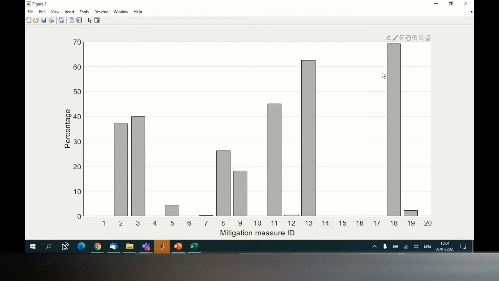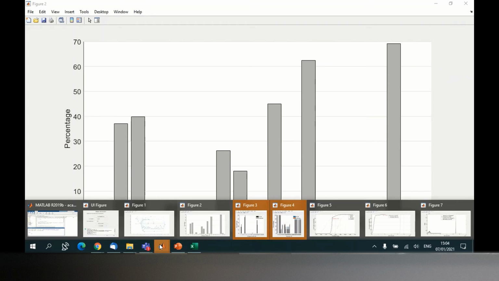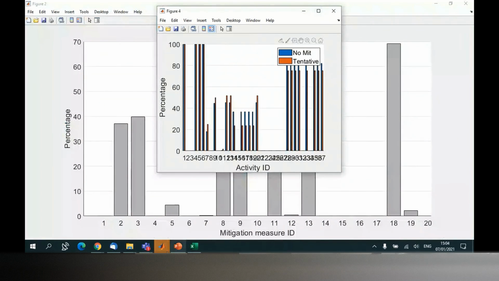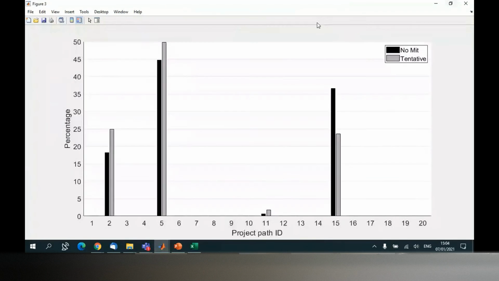All right. So this is the criticality index related to mitigation measures, but the software also gives you the criticality index for the project path, because the project has multiple paths, and you hear about something called the critical path, right? Critical path is the longest path. But since we are doing stochastic analysis and the durations of activities are changing, then the durations of the paths are changing as well.